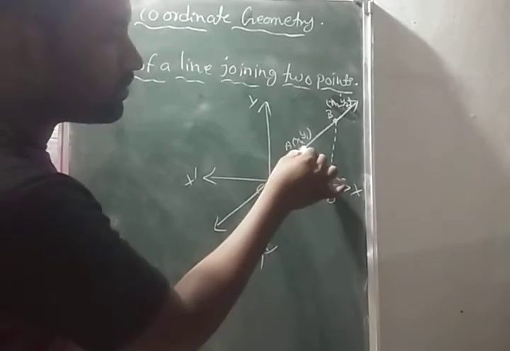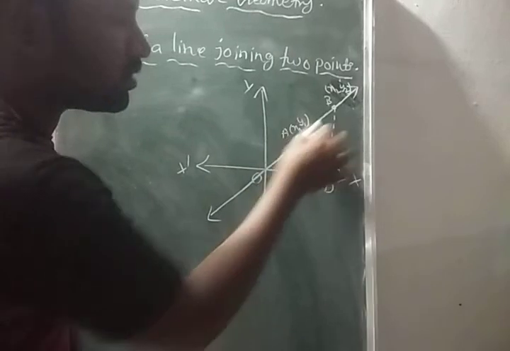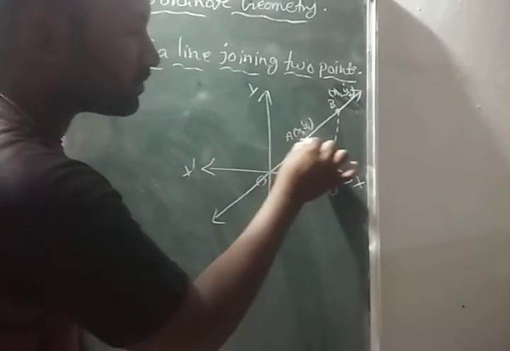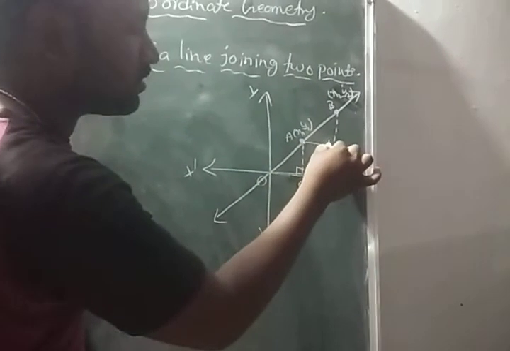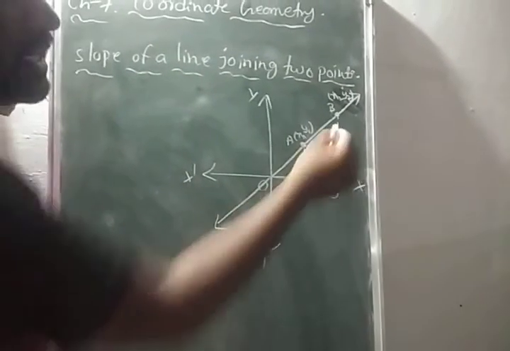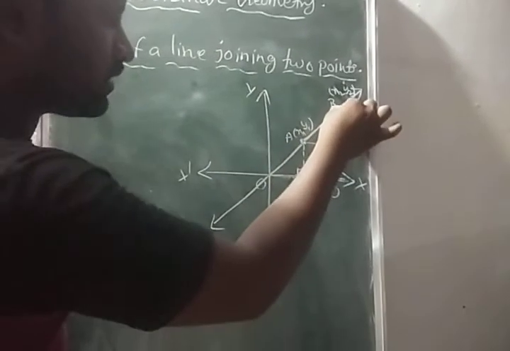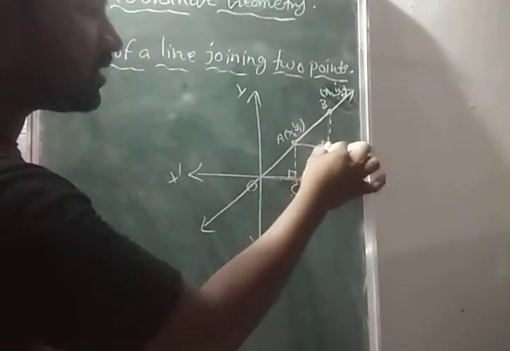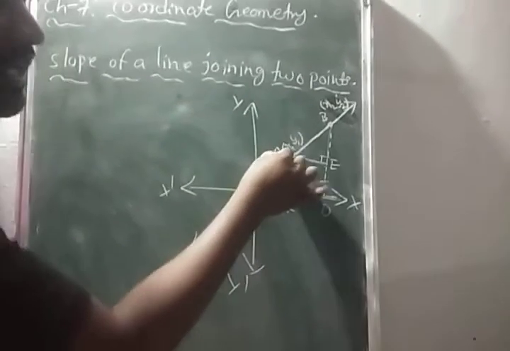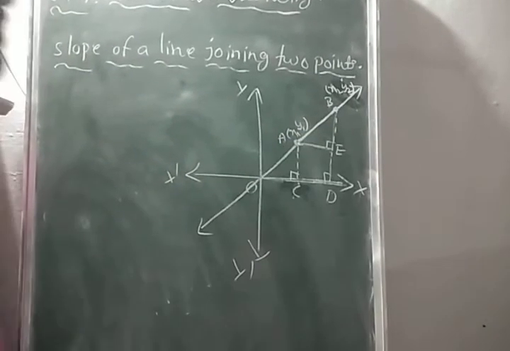Now again from A you draw the perpendicular to BD like this. Now they form a right angle. Now you just consider, now it looks like a right angle triangle, na? BEA. It looks like a right angle triangle.